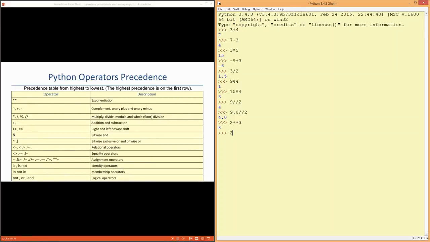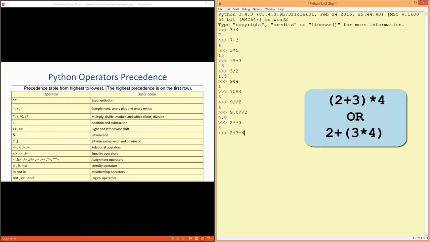Imagine that you type something like 2 + 3 * 4. Now, what did you mean by this? Do you mean that you should add 2 plus 3, which is 5, and then multiply it by 4, which the answer would be 20? Or did you mean that you should multiply 3 times 4 and then add 2 to it?